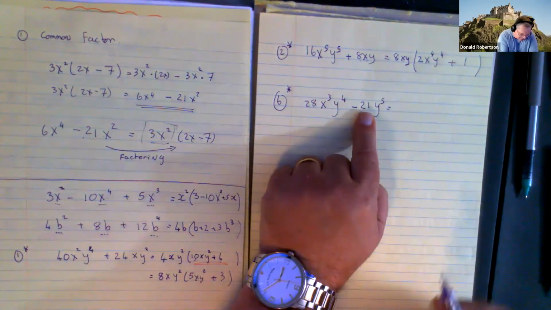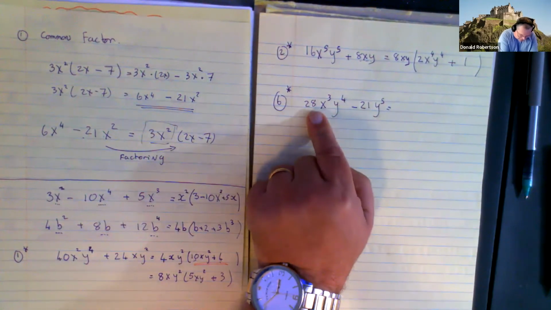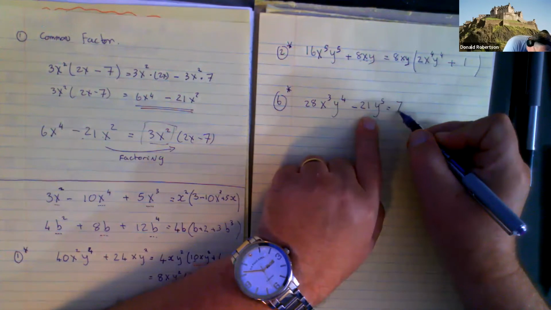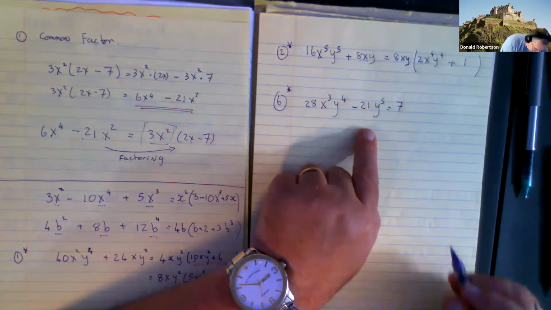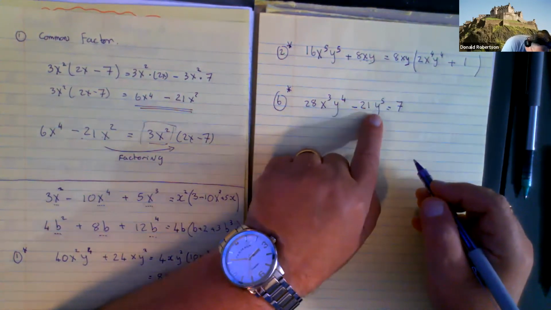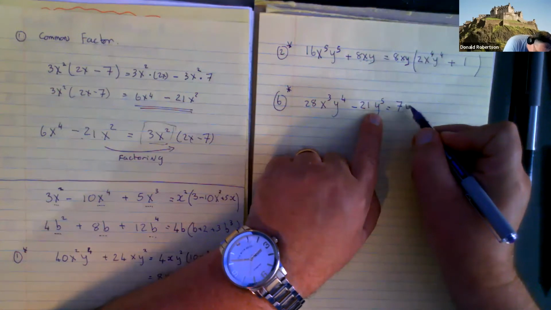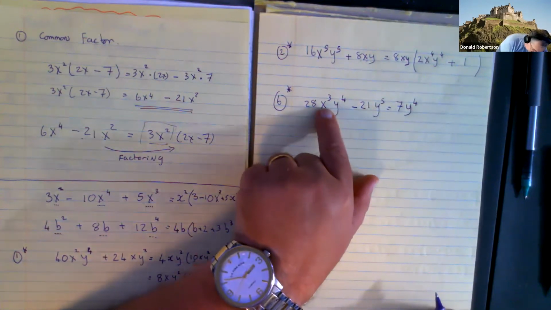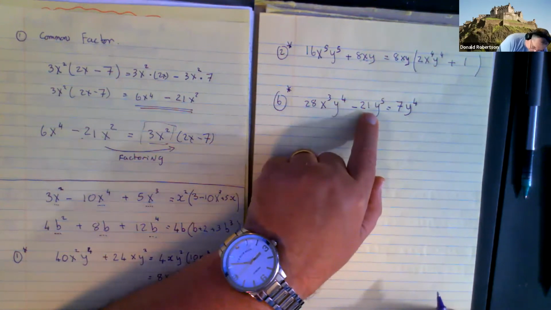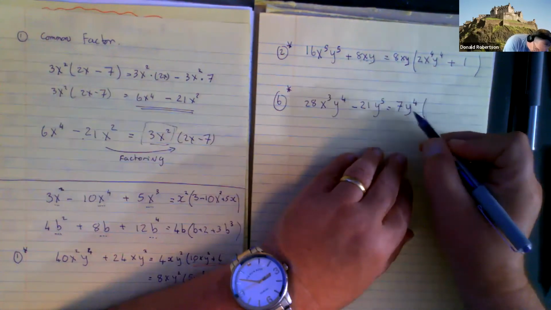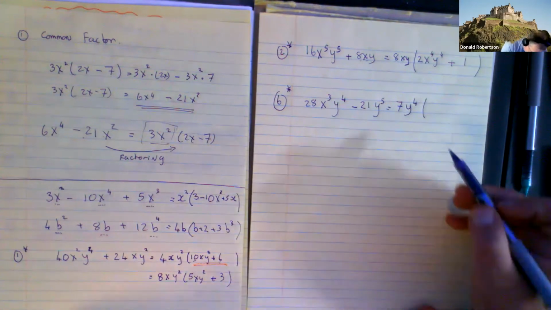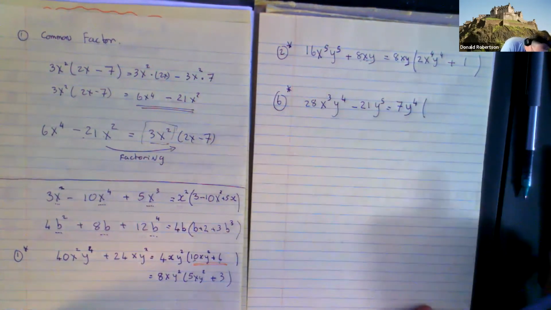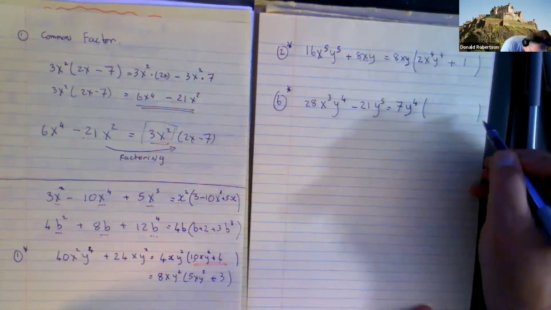Okay, I can divide that by 7 and I can divide that by 7, so I'm pretty sure 7 is a common factor. This has got y to the 4 and this has got y to the 5, so I'm pretty sure y to the 4 is my common factor. This has x cubed and this doesn't have x's, so there is no common factor that uses x.